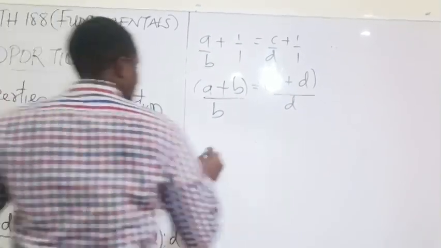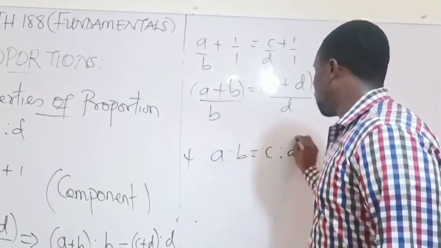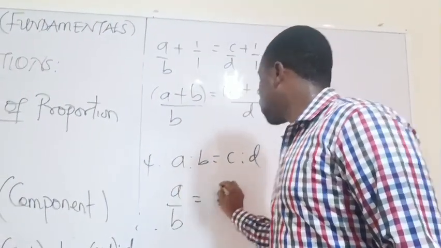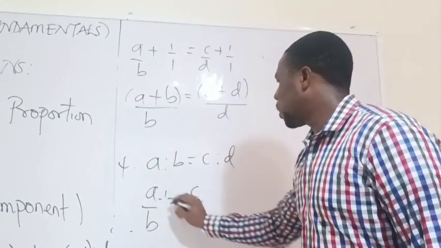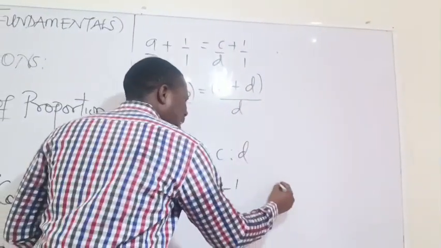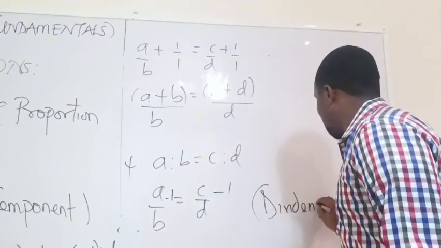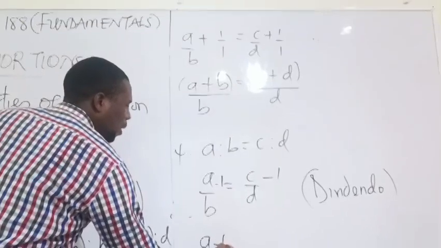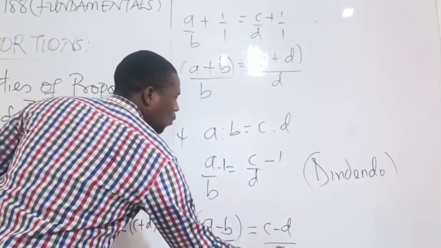So let's say I have number 4, A is to B as C is to D, which is A over B equals C over D. The moment I subtract 1 from both sides, I'm taking the dividend. It's the dividend property. So what I have is A minus B over B equals C minus D over D.